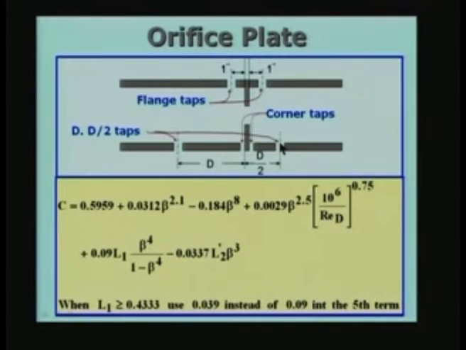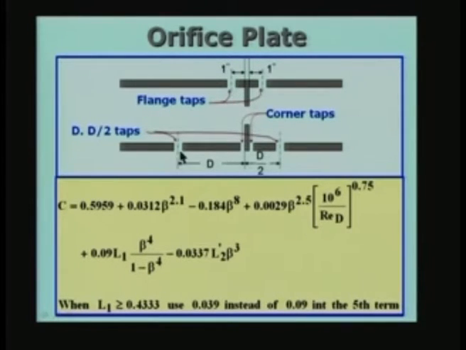The third arrangement which can be done is called the corner taps, and in this case the two taps are right adjacent to the orifice plate on the two sides of the plate. So there are three different ways of using the taps for the pressure measurement.